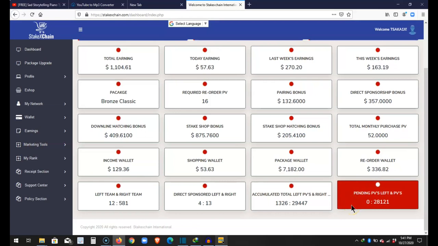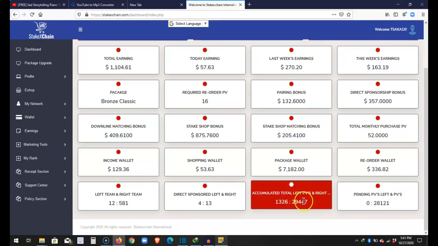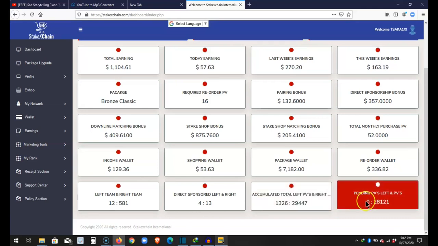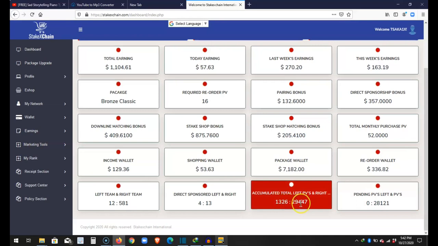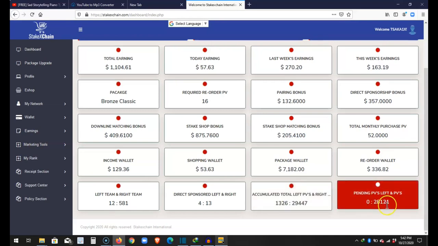Now the pending PV is basically the difference between the right and the left. If you want to understand the pending PV, you look at the smaller leg over here and you subtract it from both sides. So if you subtract 1,326 from the left, you get 0. When you subtract 1,326 from the right, you get 28,121. So that's the pending PV. What it also means is that this is the amount left for you to be paid on.